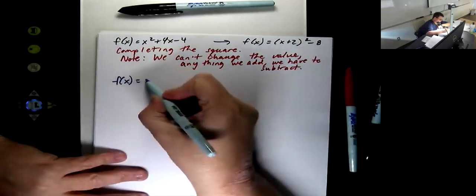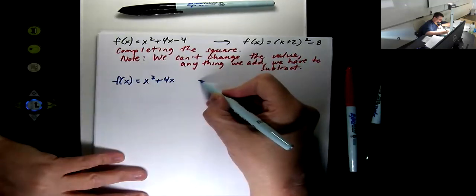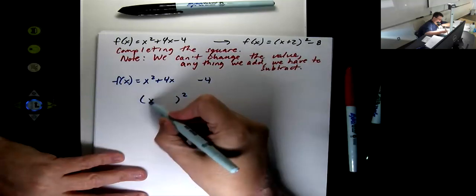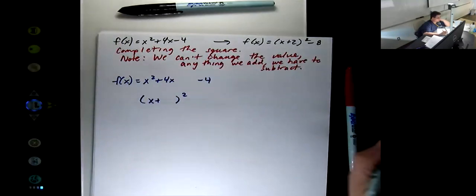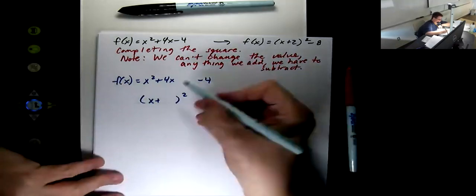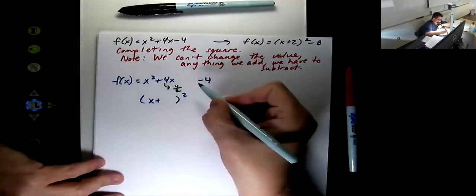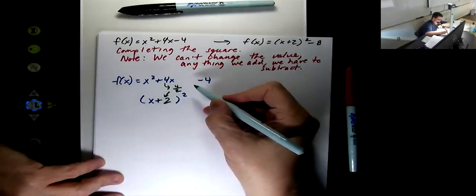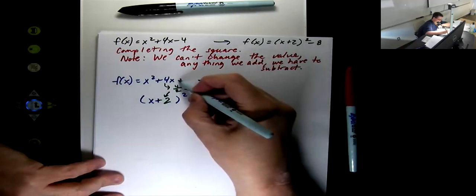So I'm gonna rewrite x squared plus 4x, and I'm gonna leave a little gap to complete the square. We've done this before. Take this number, cut it in half. That's what goes here. And then we square it. And that's what we add.